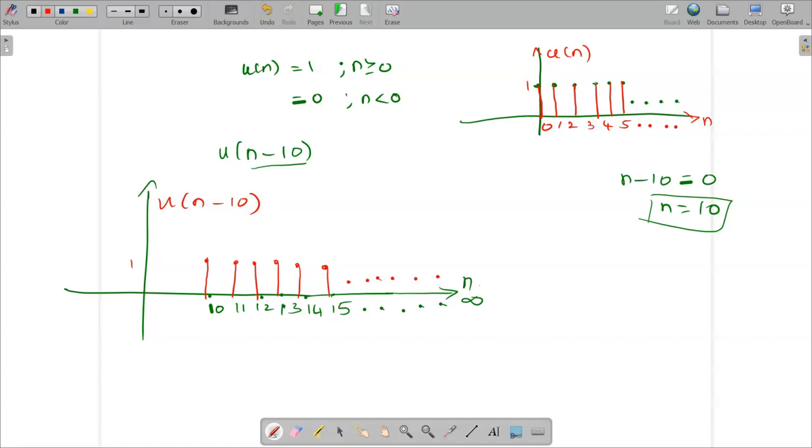So once you have determined u of n minus 10, let me find out u of n minus u of n minus 10. As usual, we have to find out the different ranges. What is the range of n? The first range is 0 to the previous value, you don't have any values before that. So it is 0, 1, 2, 3, 4 like that up to 9.